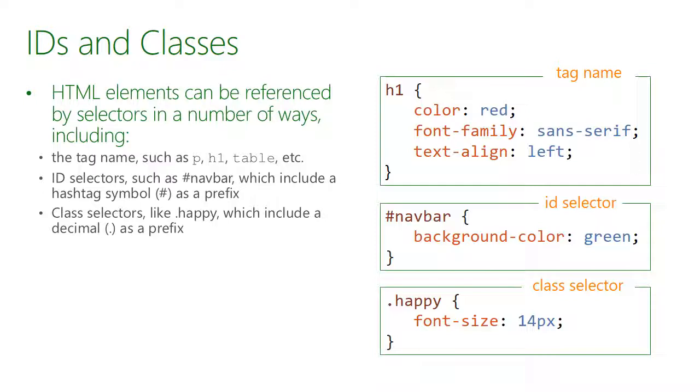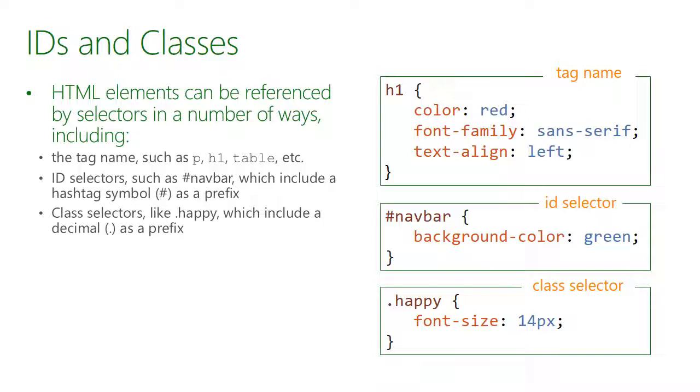IDs and classes. So HTML elements can be referenced by selectors in a number of ways, including the following. So you can use a tag name, such as H1 as we saw in the previous example, or table, or P. Now that's in the first example at the top of the right hand side there.